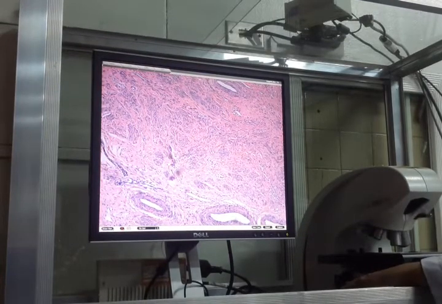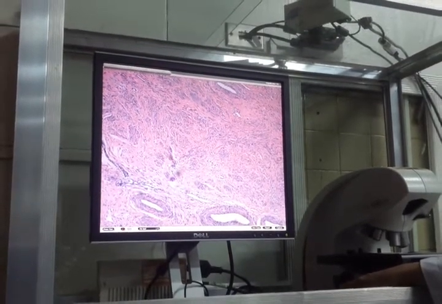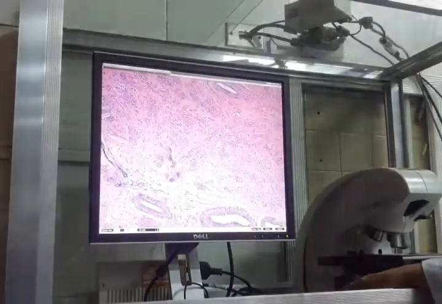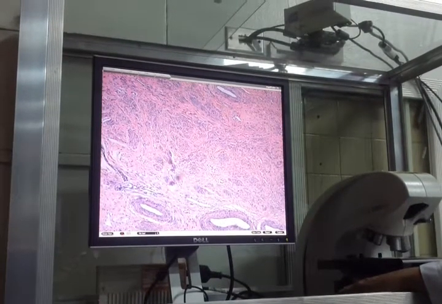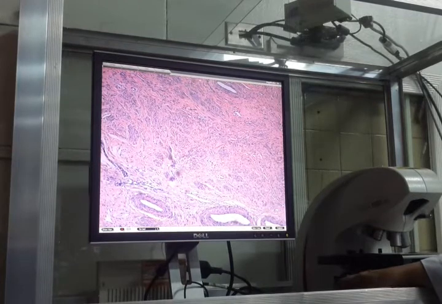As you grow older, this is what happens to the body of the uterus, the myometrium. You will have atrophy of the myometrial cells, the smooth muscle cells, and atrophy is usually accompanied by fibrosis. Okay?